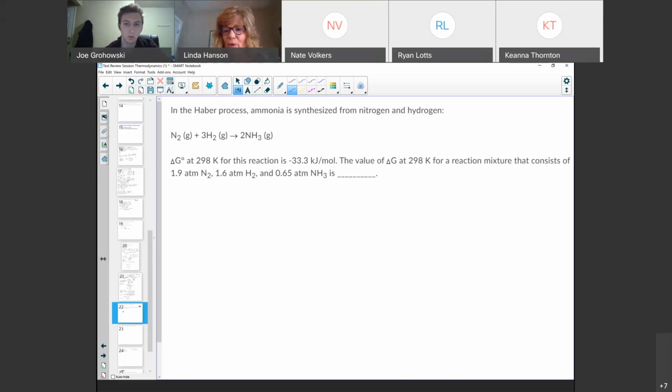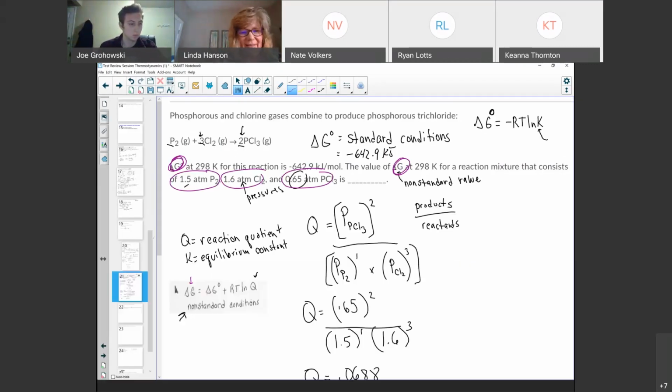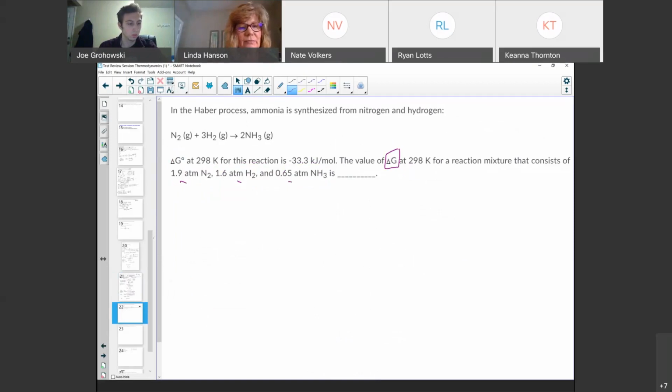I see reaction quotient. I see that because I'm given some atmosphere data, just like we mentioned before. I'm also noticing that I'm being asked to solve for a delta G, but without a superscript zero. That means non-standard conditions. And the only formula we had was this guy, delta G standard plus RT ln Q.